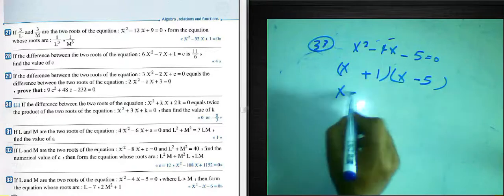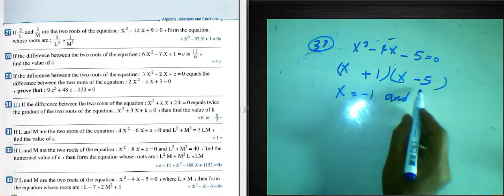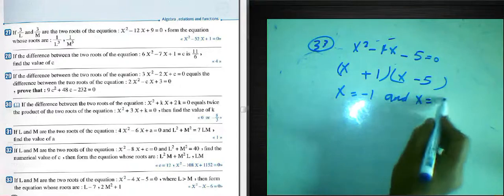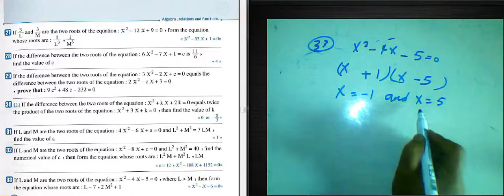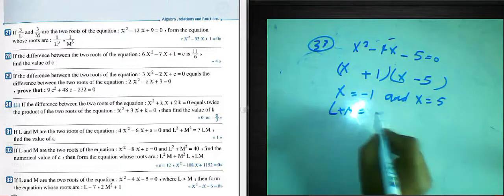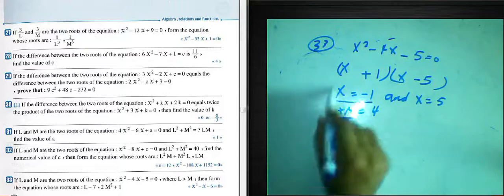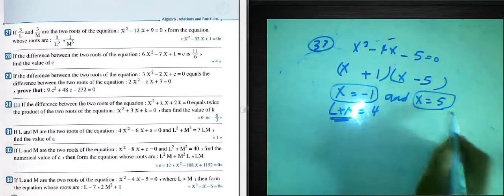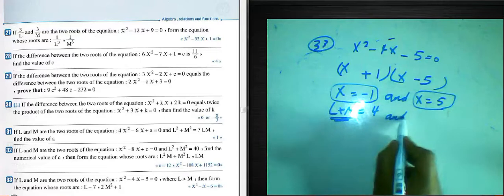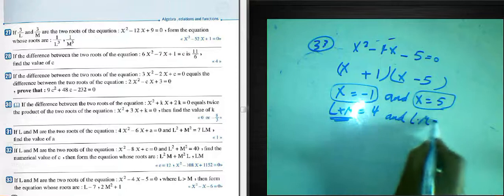So the first root will be negative 1 and the second root will be 5. We have two roots, so L plus M equal 4, sum between two roots. And what about L product M? L product M equal negative 5.